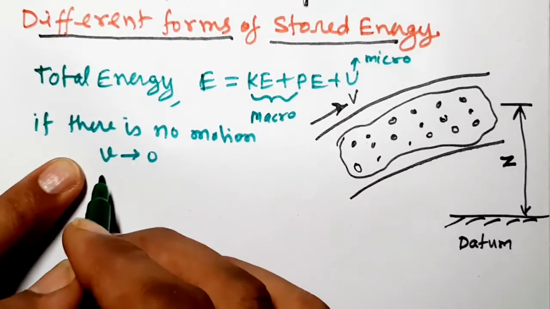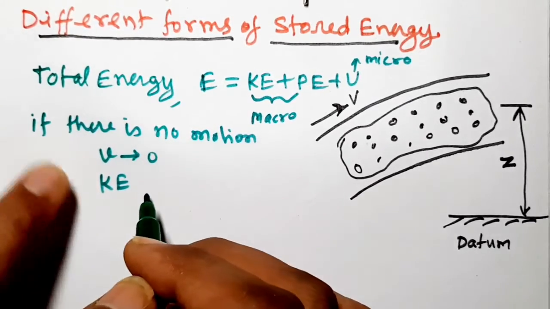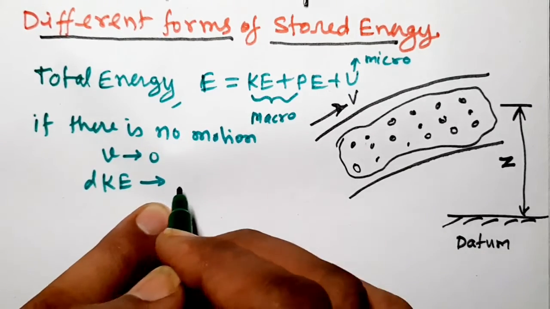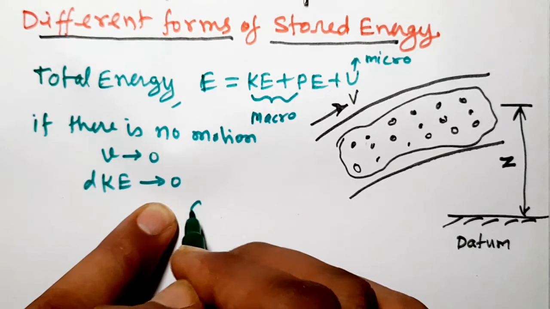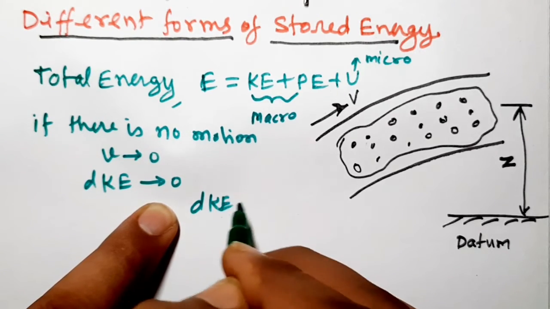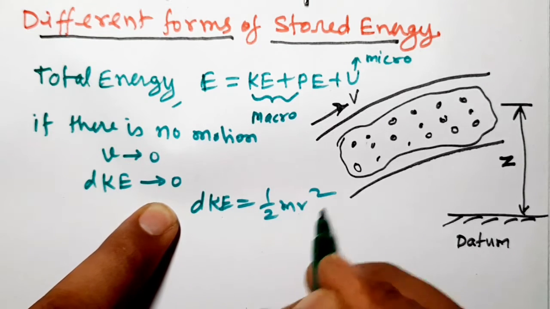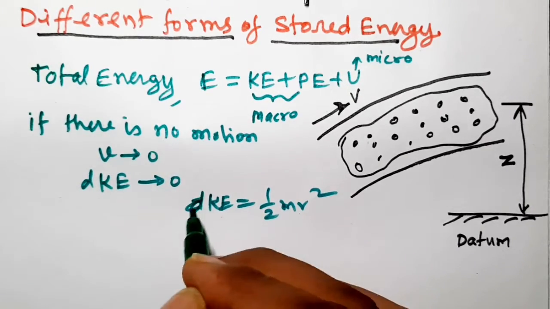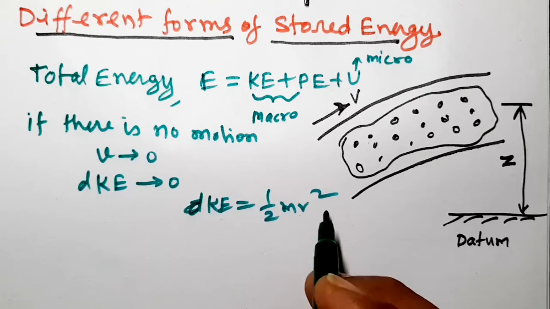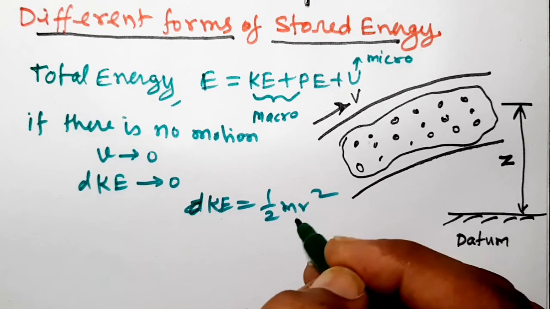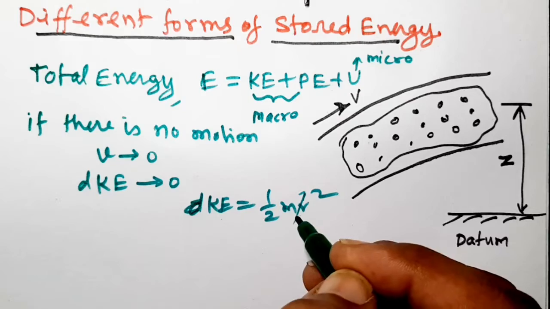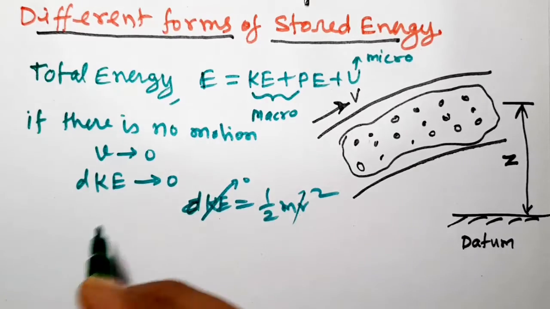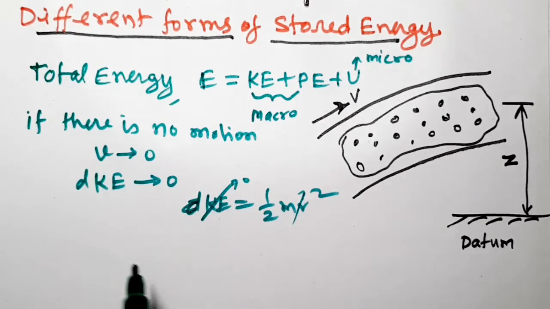If V is neglected, the change in kinetic energy will also be neglected, because delta KE is equal to half mv square, meaning change in kinetic energy. So KE is equal to half mv square. So if V is neglected, it means there is no change in the velocity, it means KE is 0.